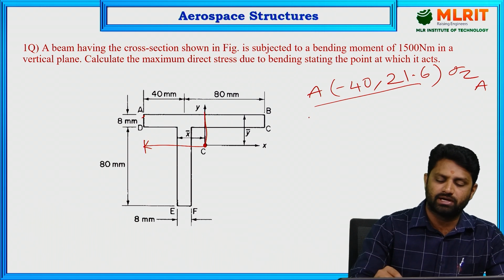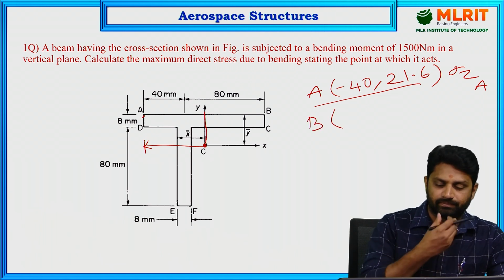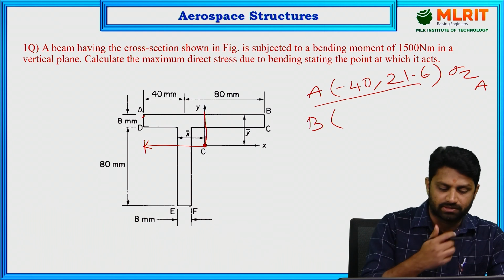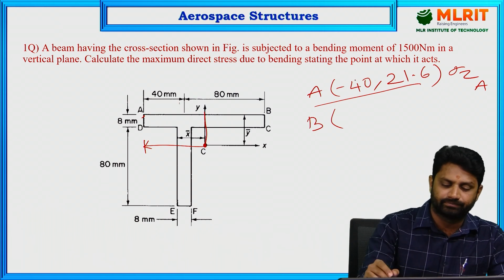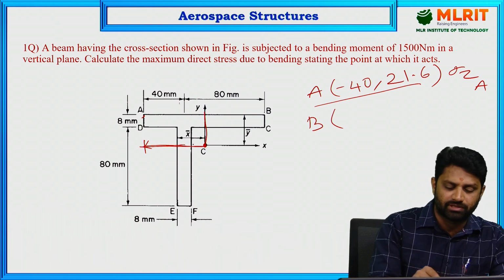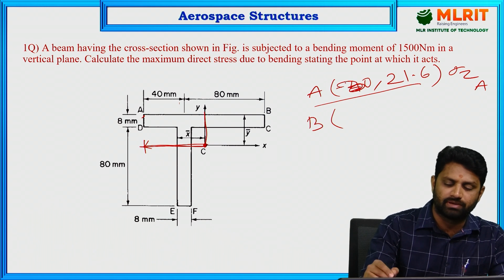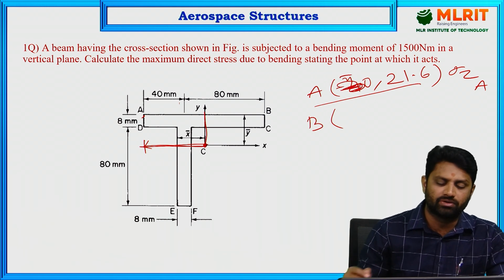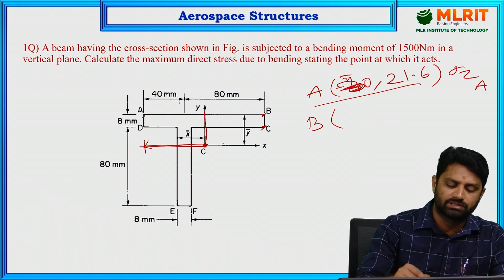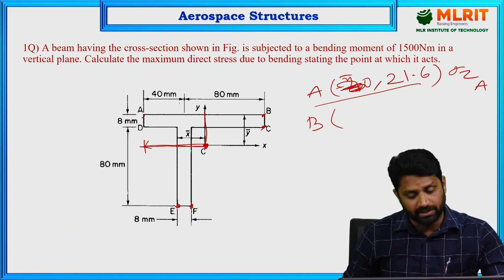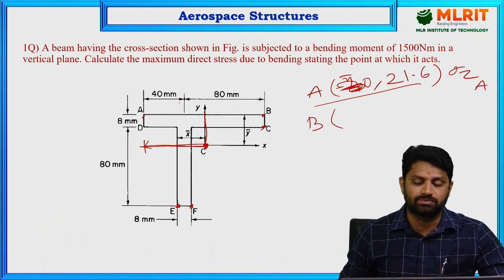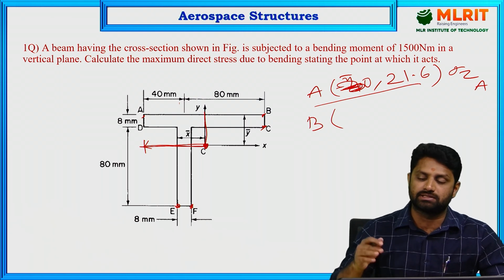Similarly, if you look at point B, it is not this 40 only; the distance you have to measure from here to here, whatever x bar you got, that you have to write here. Similarly you have to get the coordinates for point B, point C, point F and point E with respect to the centroid. You have to inspect and find those coordinates and substitute in sigma z accordingly, so you will get the stress at that point.